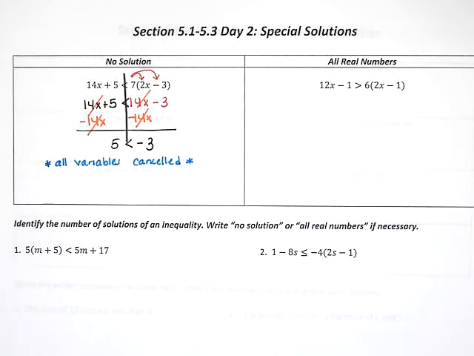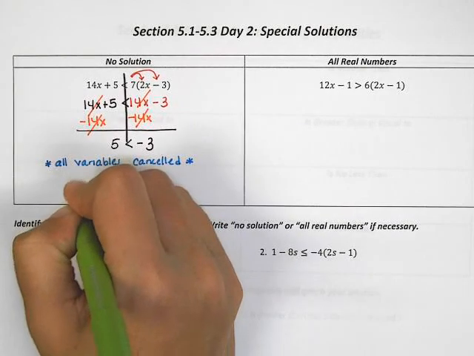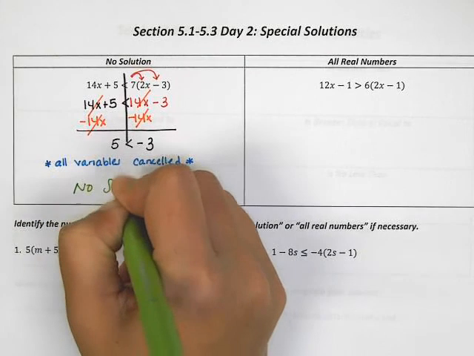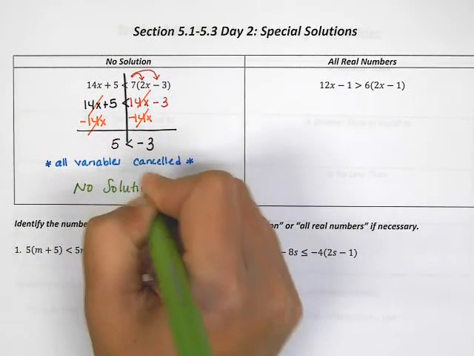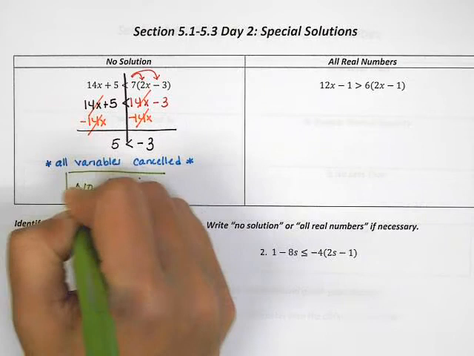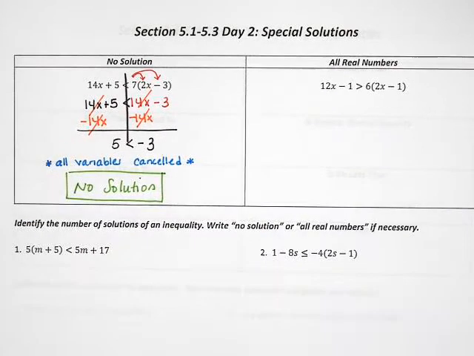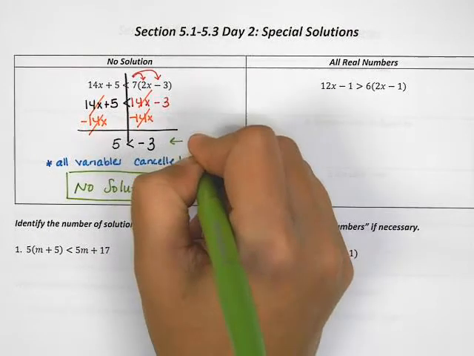And we have to decide if that's a true statement or a false statement. In this case, because the number 5 is not actually smaller than the number negative 3, we would say that this problem has no solution. Because this is not true.